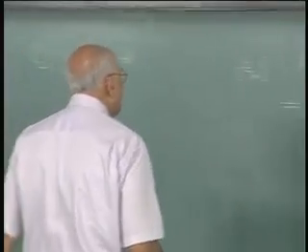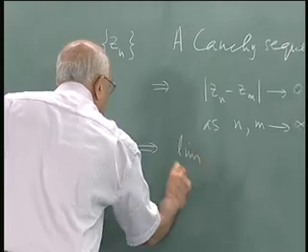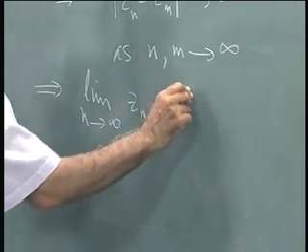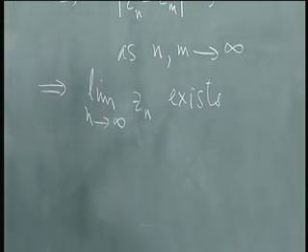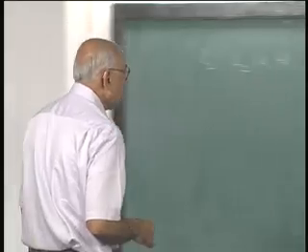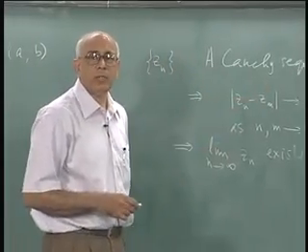This immediately implies that the limit as n tends to infinity of Zn exists. It implies that this sequence has a limit point which is some complex number. This limit point exists. This concept is carried over to state vectors.